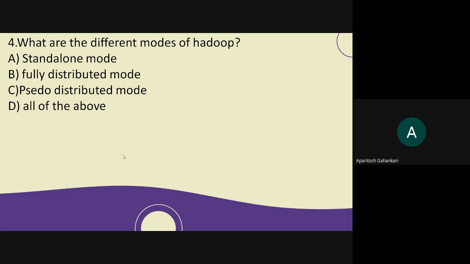Okay, and last is fully distributed mode. That means now you have the application which is running in the geographically distributed environment. Okay, so the answer is all of the above.